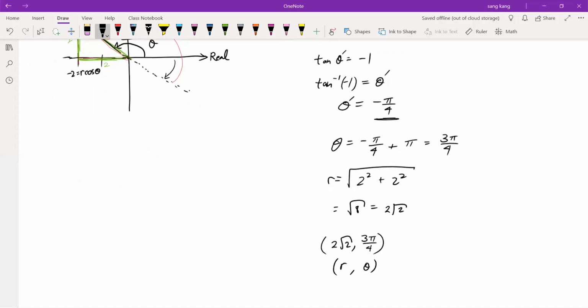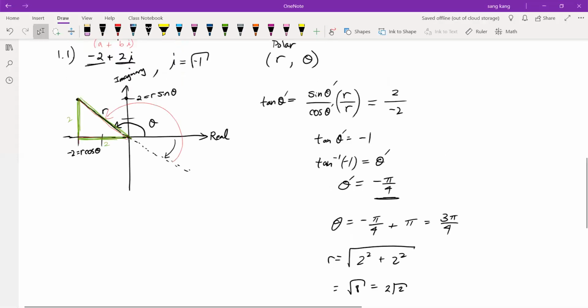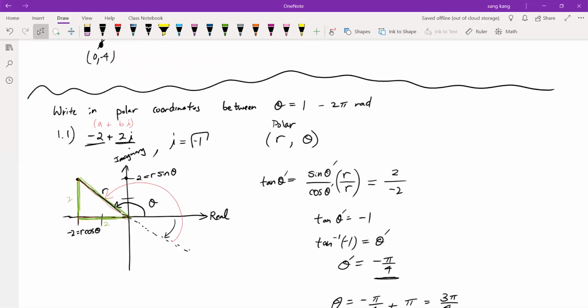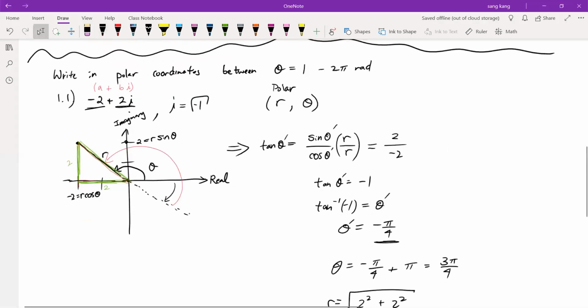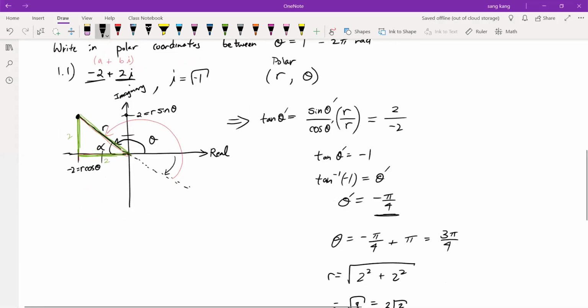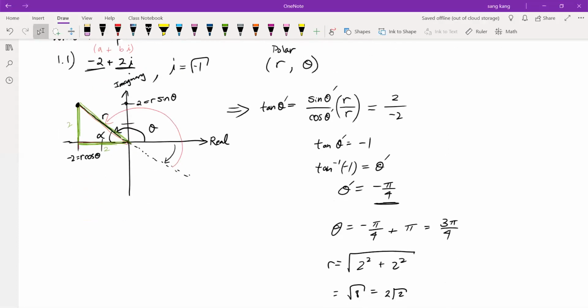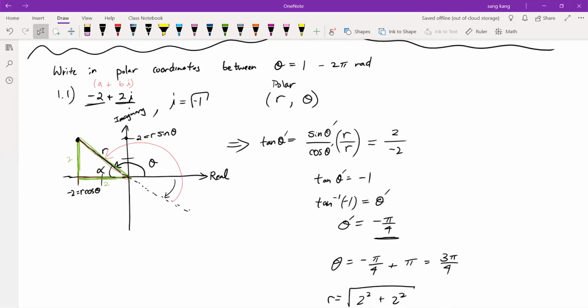So I personally don't like looking at it this way here. I like plotting my point, and I would have just found this angle alpha, right? That way I just have to deal with one triangle, but you have to remember that it's not alpha that you're looking for. You're looking at it with respect to this origin, right? So then you would have to do essentially pi minus alpha.